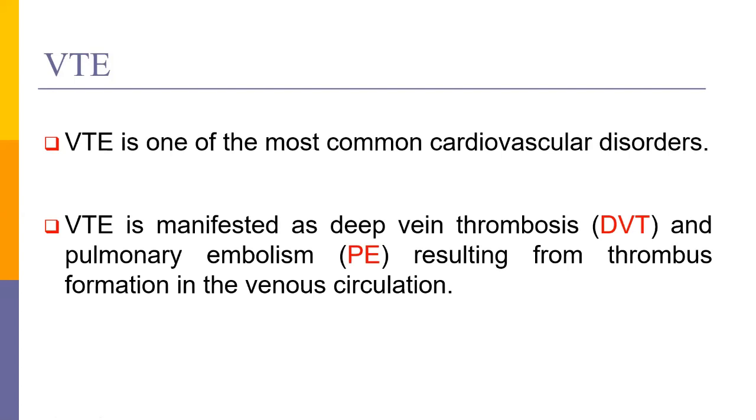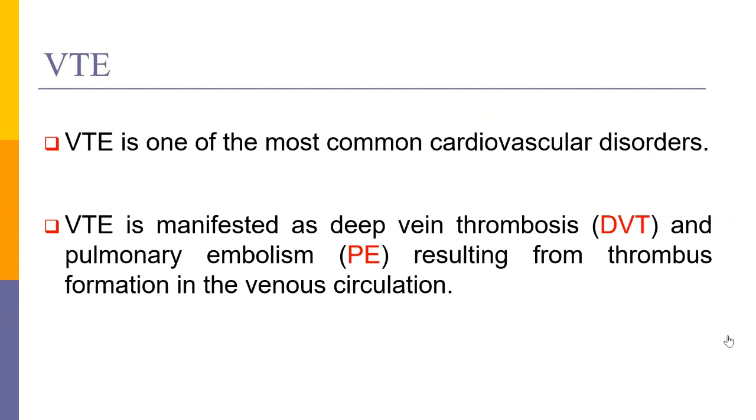So venous thromboembolism is manifested as deep vein thrombosis and pulmonary embolism resulting from thrombus formation in the venous circulation, just as I've previously said.